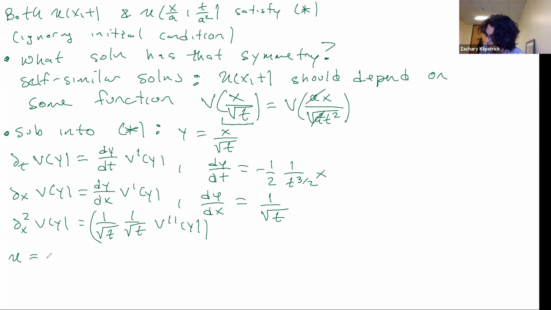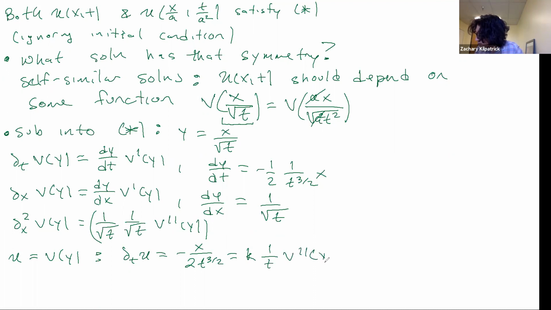If u is just equal to this v of y, right, then dtu is going to equal minus x over 2t to the 3/2, okay? And this is going to be equal to k multiplied by 1 over t v prime prime of y, okay?